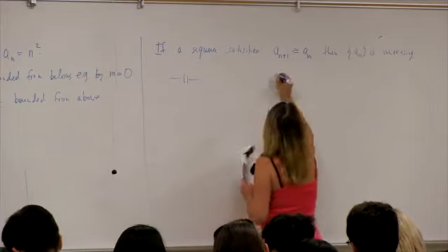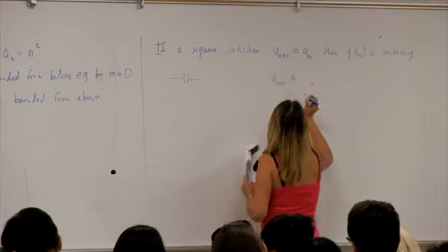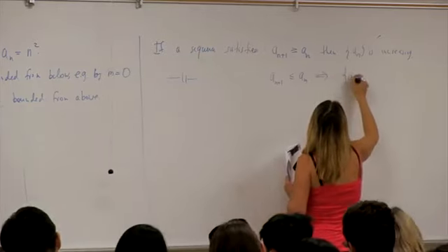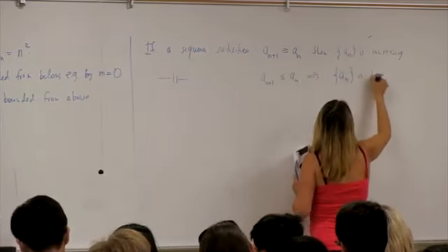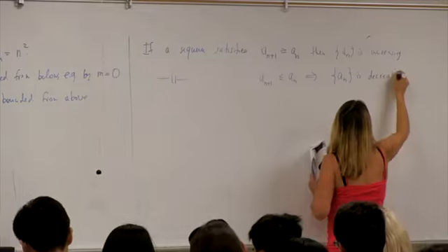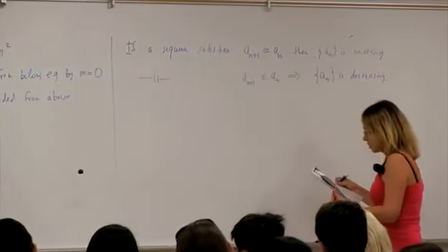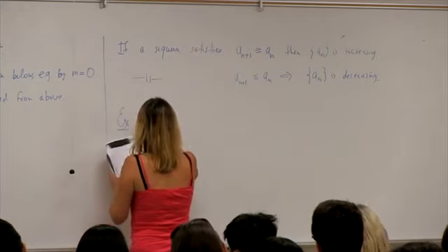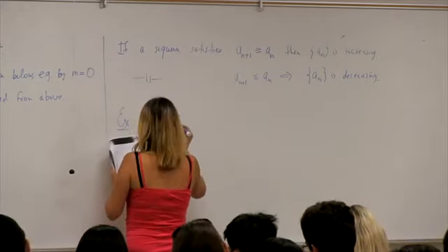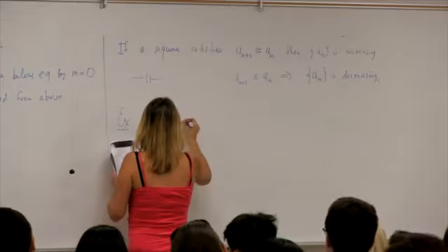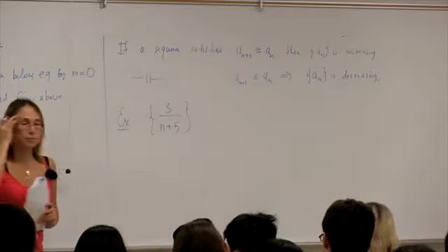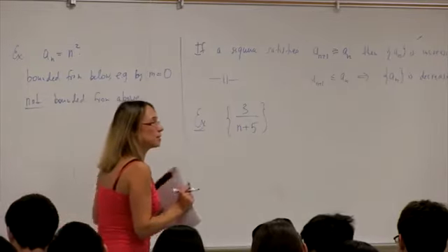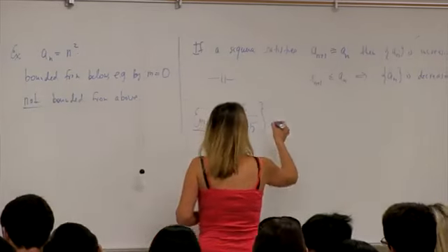If a sequence satisfies an plus 1 is less than an, then an is decreasing. Okay? For example, look at the sequence 3 divided by n plus 5. I want to show that this is a decreasing sequence.